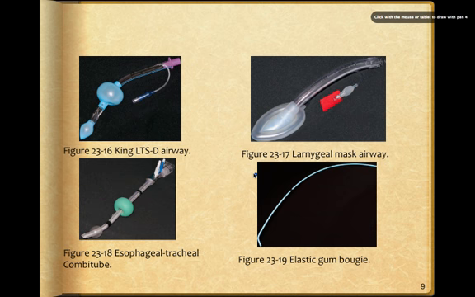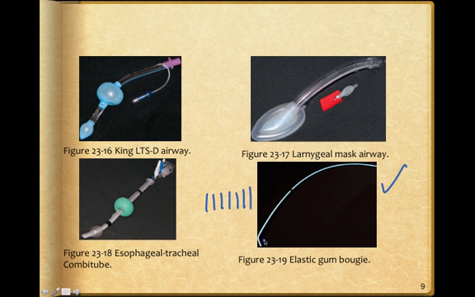And this is a gum elastic bougie. Now, what the bougie does for us is all of the airway has these cartilaginous rings on it. And this little curved tip here gives us the ability to insert it down if we can only see a part of the arytenoid, which the arytenoid cartilage lies below.